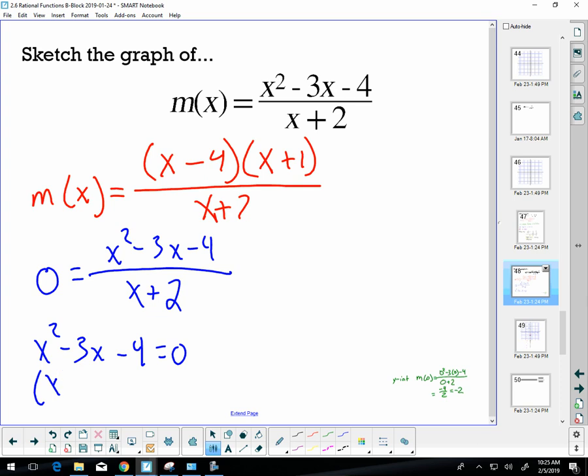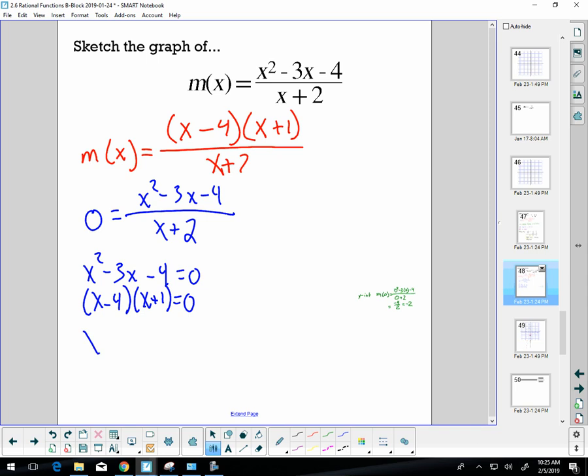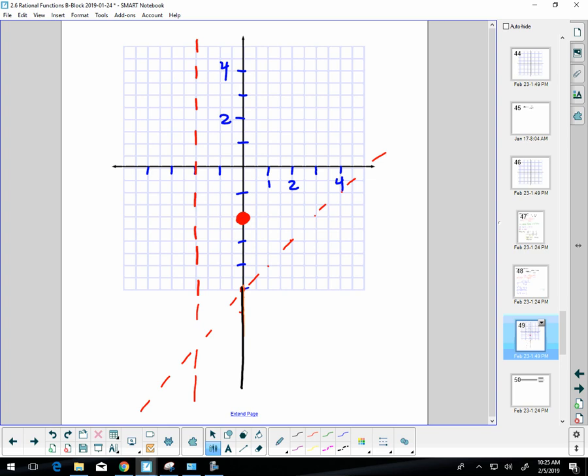We've seen the factoring of this. So I get x equals 4 and x equals negative 1. So we see 2 x-intercepts, an x-intercept at 4 and an x-intercept at negative 1. Back to my graph, an x-intercept at 4, an x-intercept at negative 1.